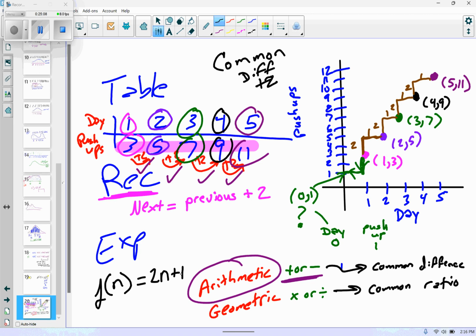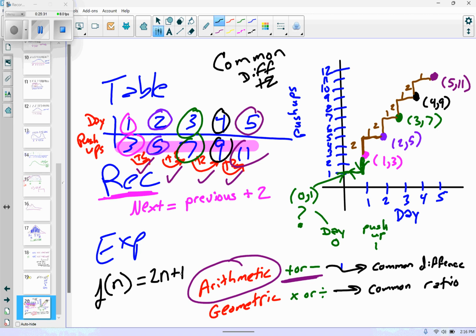Plug this 3 in: 2 times 3 is 6, plus 1. 2 times 4 is 8, plus 1, 9. Let's just verify. Plug 5 in. Do you feel comfortable with this equation?